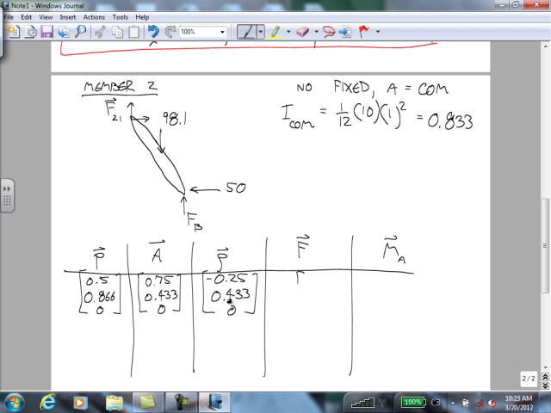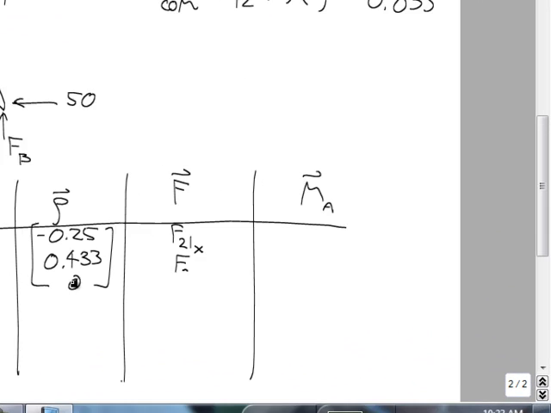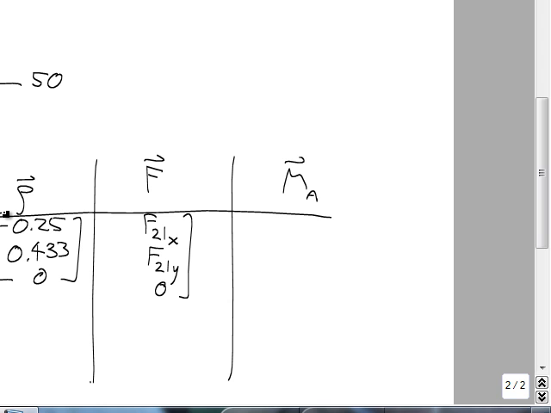The force vector is F21x and y. And you get negative 0.25 F21y minus 0.433 F21x.